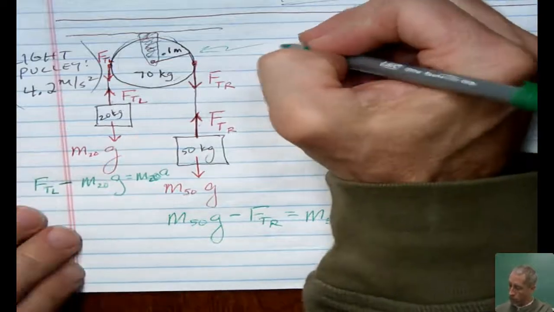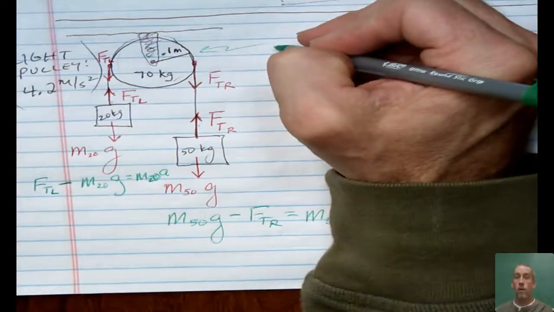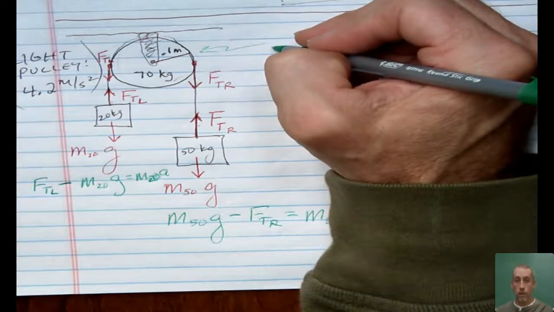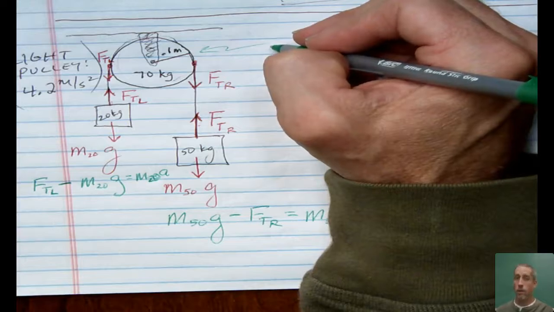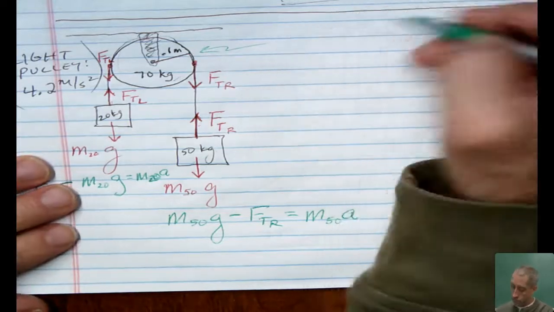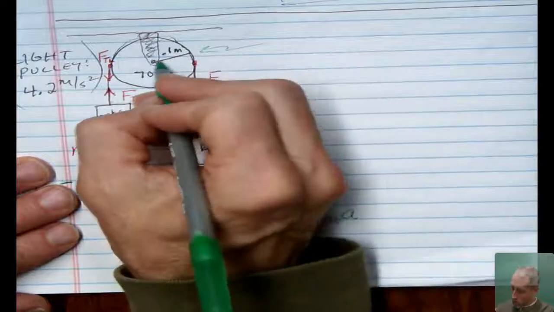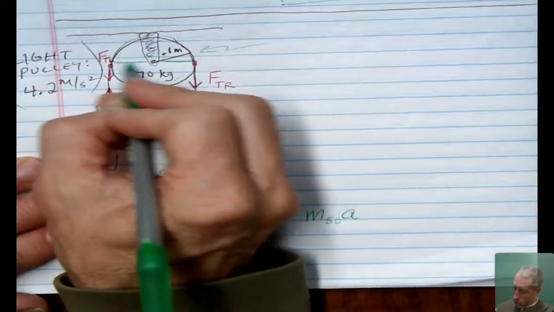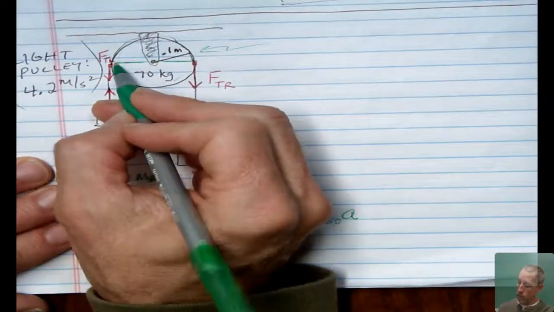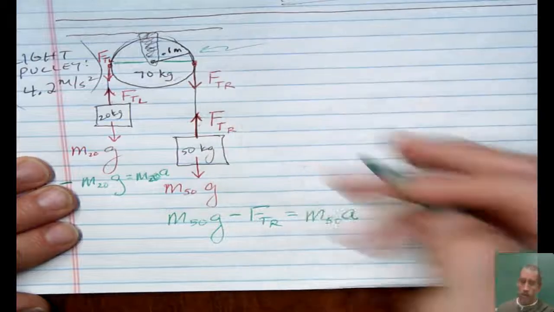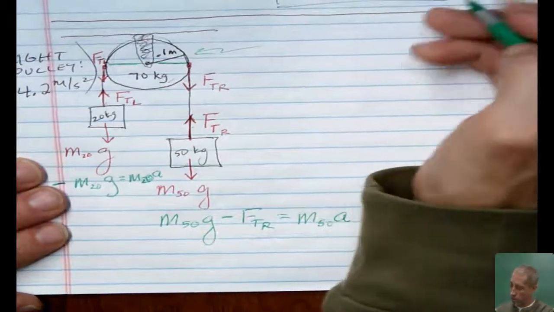So a torque is the force times how far that force is located from the axis of rotation, and then if necessary, times the sine of the angle in between them. Because our angles are 90 degrees between the vector pointing from the axis to the force and the force itself, I will not include the sine of the angle.